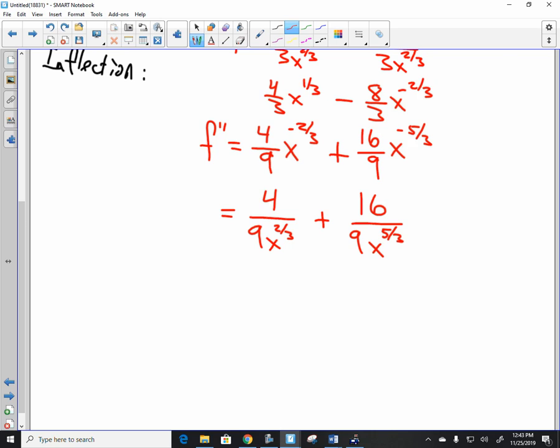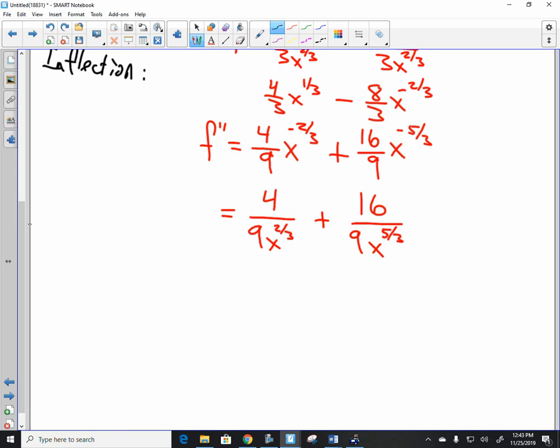And when I want to solve for where this is equal to 0, what I like to do is find the common denominator. What is going to be the common denominator here? 9x to the 5/3. So what would I have to multiply top and bottom by to get 9x to the 5/3? X to the 3/3, right?